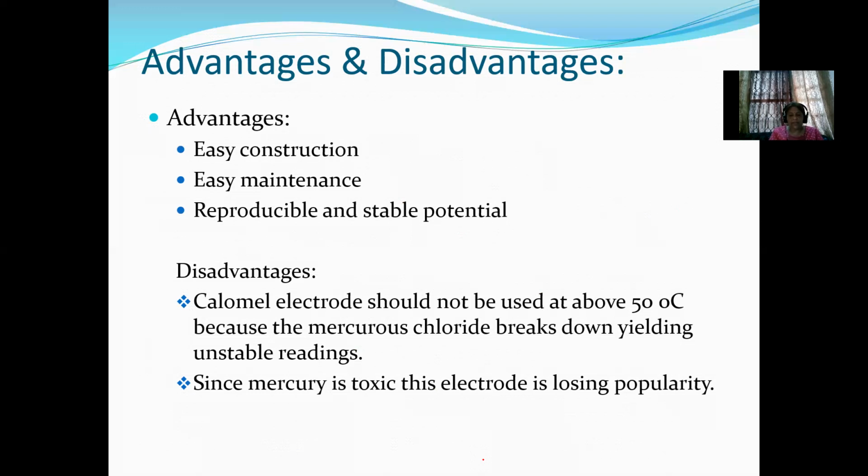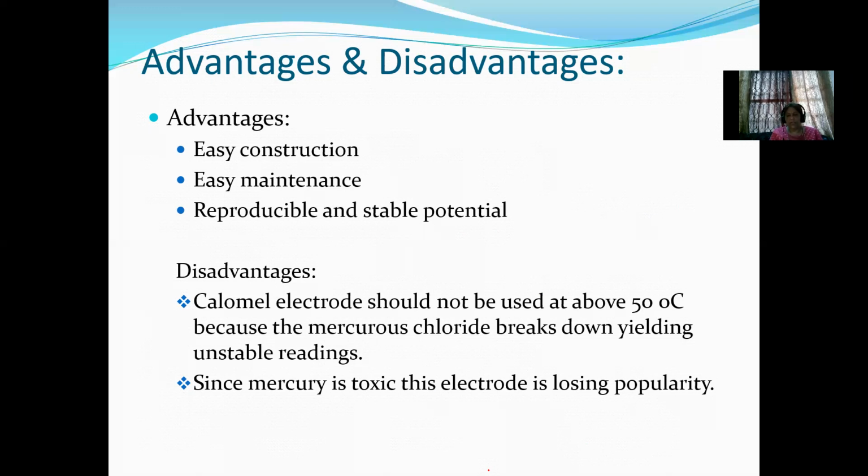It is like when you are using a thermometer which uses mercury, and the thermometer gets broken and the mercury comes out, and if you come in contact with that mercury, you may have health hazards, it is like a poison. So we should be very careful when we are using any equipment which uses mercury.